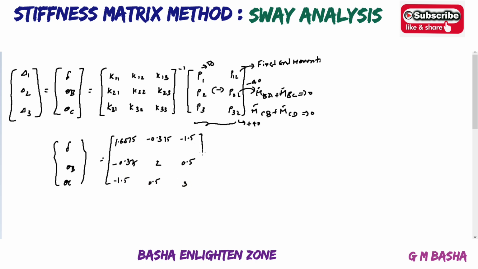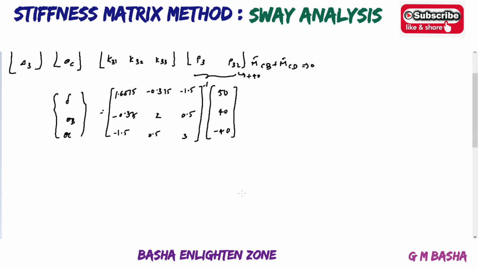And what are the external forces after simplifying? So that one will be, it is in terms of inverse. Okay, this is 50 minus 2 plus 40 and minus 40. If you simplify, you will get directly all the values in your calculator, that is delta, theta b, theta c.